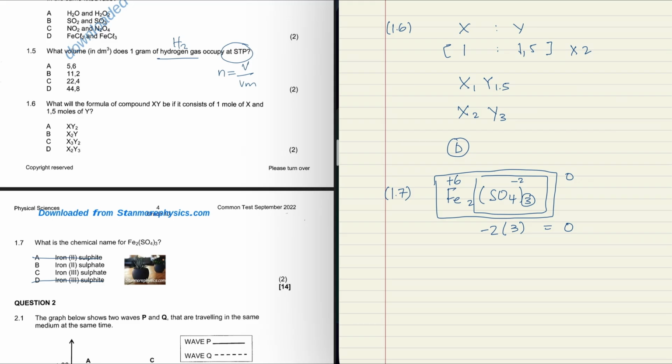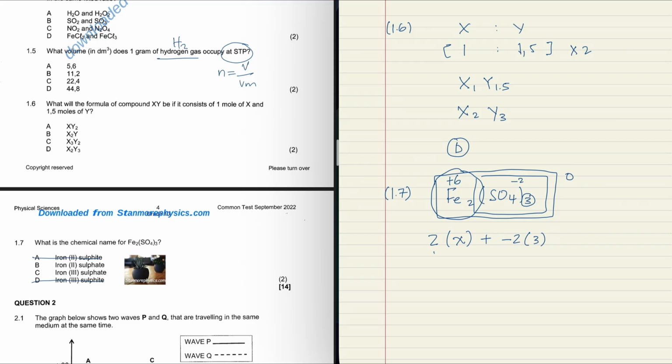You can solve it like that through inspection, or you can set up an equation. The equation you can set up is the following. The SO4 has a charge of negative 2, and we have 3 SO4s, so negative 2 times 3. And you are adding the charge of the Fe. Since there are 2 Fe's, and we're not sure what the charge of each is, let's call it x.